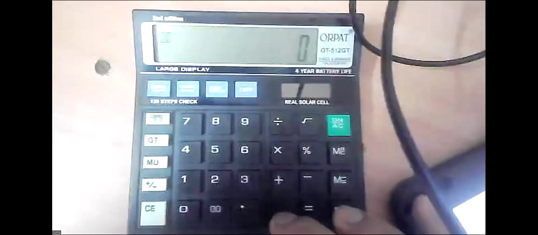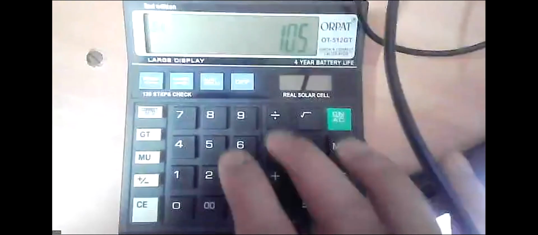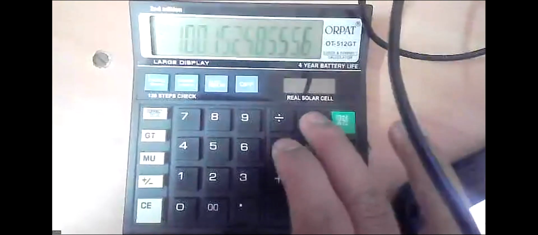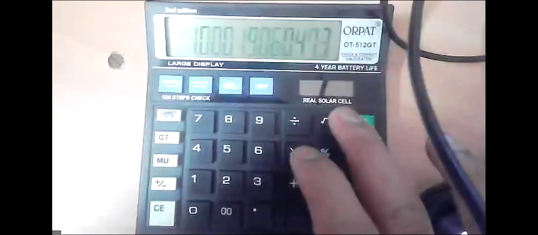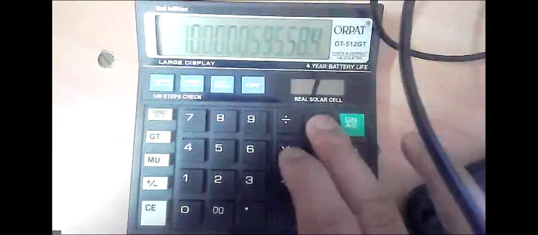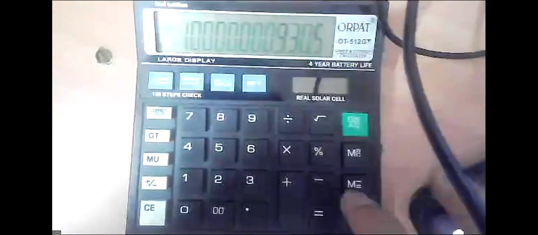First, I'll do the denominator, and using that, I'll do the numerator. So see how I'm going to do the denominator first. 1.05 under root, 19 times: 1, 2, 3, and so on up to 19.